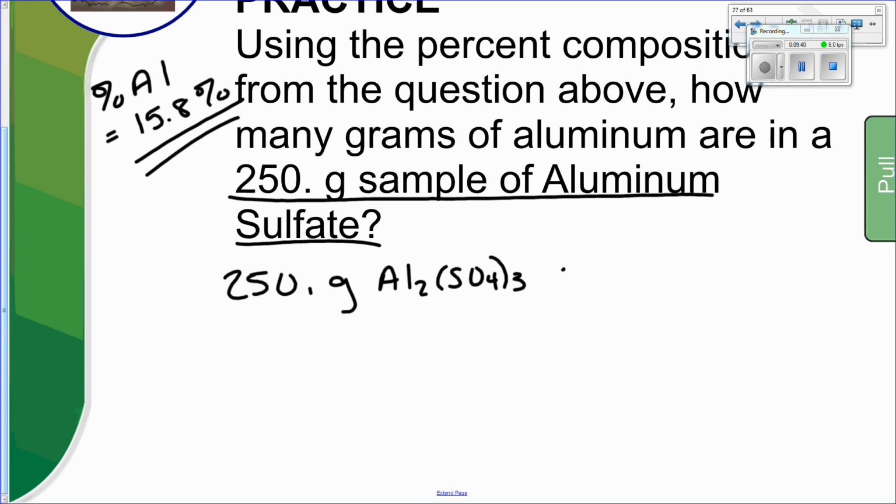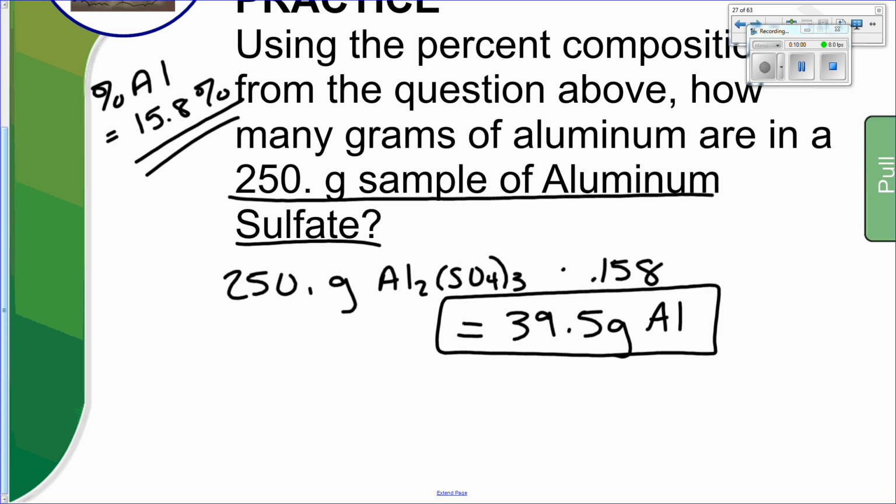Same concept, just different numbers. So 250 grams times the percent of aluminum. Remember, you cannot leave it in percent form in order to do math with it, so you're going to convert it to a decimal of 0.158. And when you work that out, 39.5 grams of aluminum.